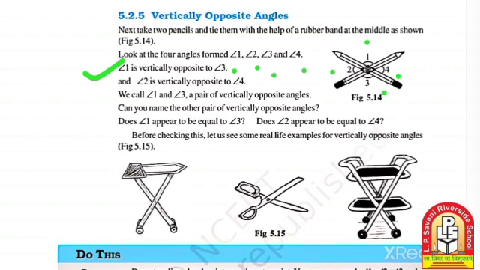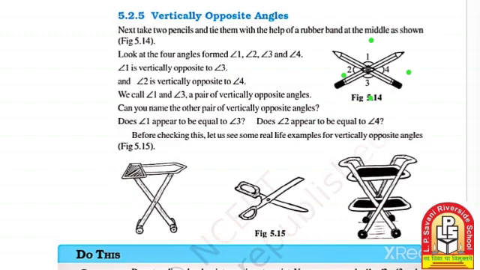Angle 1 is vertically opposite to angle 3, and angle 2 is vertically opposite to angle 4. So we call 1 and 3 a pair of vertically opposite angles, and 2 and 4 are also vertically opposite angles.